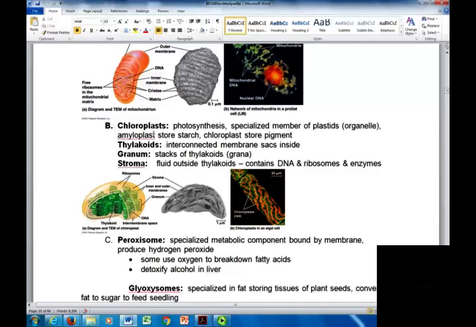The amyloplasts are one variation that will store starch. Chloroplast stores pigments. Inside we've got these thylakoids, which are interconnected membrane sacs. They will have stacks of these thylakoids that are going to form granum or grana. The stroma is the fluid outside the thylakoids. It's going to contain the DNA, ribosomes, and enzymes.